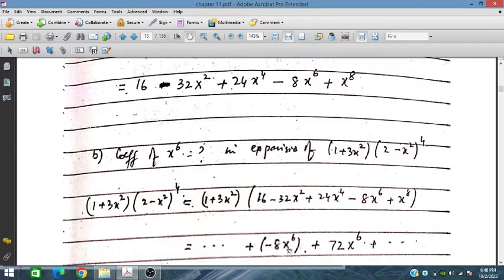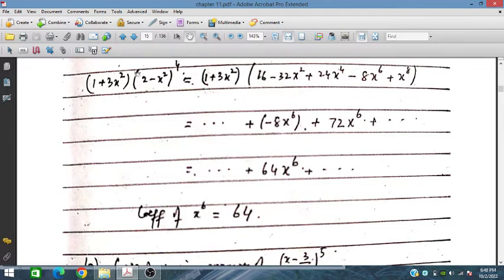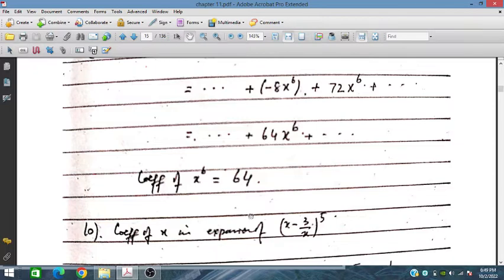So this 1 when multiplied with this gives this value, and this 3 x power 2 multiplied with this one gives x power 6. When we simplify, the coefficient of x power 6 for this expansion would be 61. That was the required value.